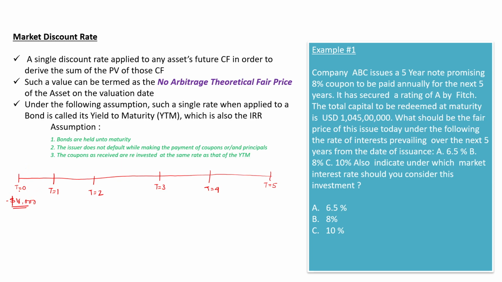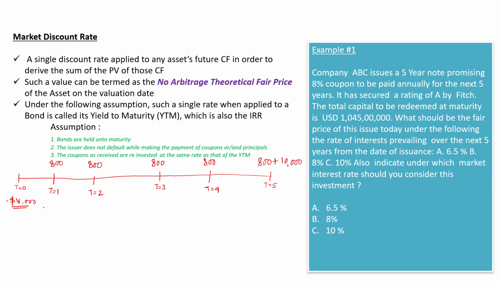This $10,000 is your cash outflow today, against which you will receive a coupon at the rate of 8% on this $10,000. So you will receive $800 here, $800 here, $800 on the third, fourth, as well as the 5th year. But in the 5th year, you are also going to receive back the principal which you have invested.